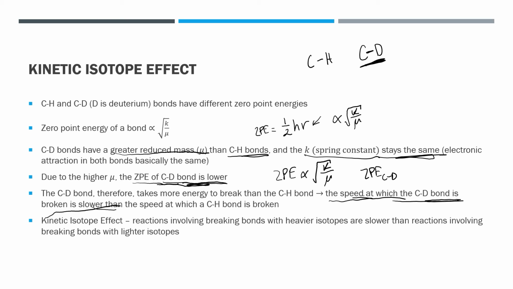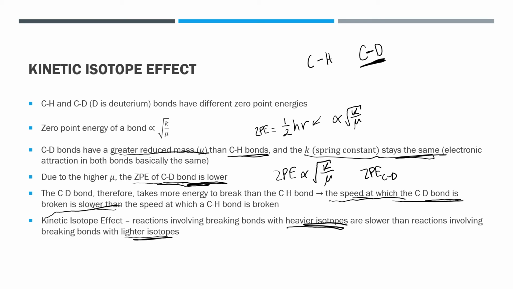Just think of it like activation energy. It takes more energy for me to break the CD bond. So in general, there's going to be more of an energy barrier for me to break the CD bond. So it's just going to go slower because there's a higher energy barrier. So this is what the kinetic isotope effect basically is. Reactions involving breaking bonds with heavier isotopes are slower than reactions involving breaking bonds with lighter isotopes.